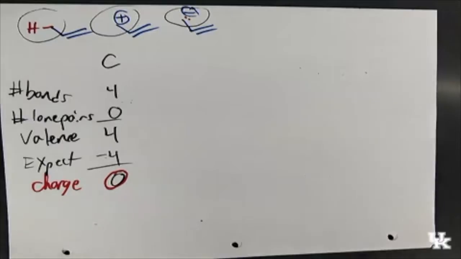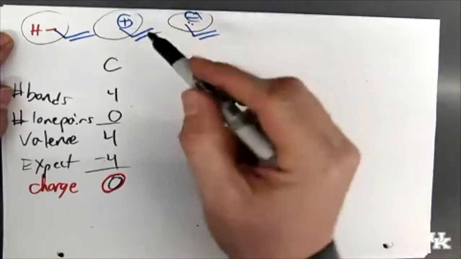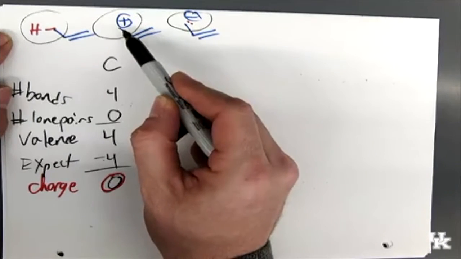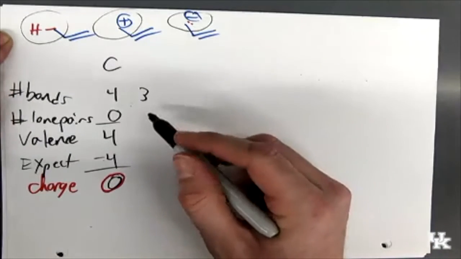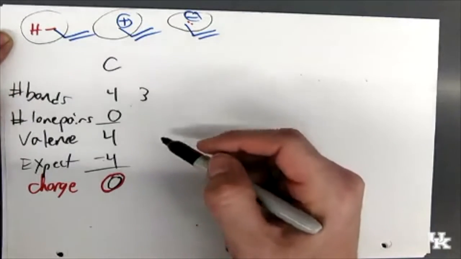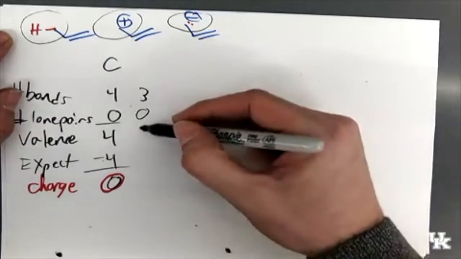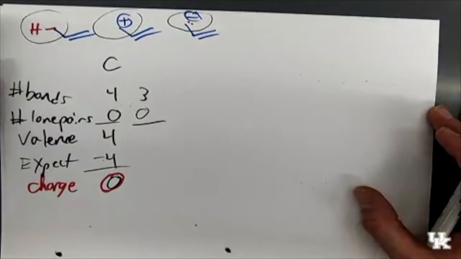Okay, similarly, from the three examples we have up there, how many bonds to this carbon now? 3. That's right. How many lone pairs are on that carbon? Do you see any? I don't. 0 lone pairs. How many valence electrons does it have? It has 3.